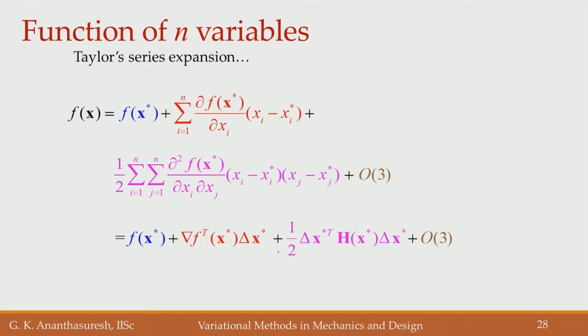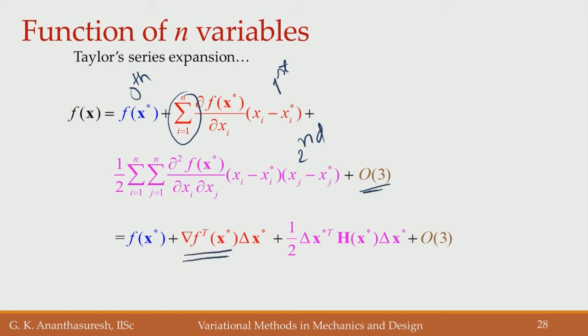Okay. Now, let us jump to n variables, right. Then I can write the Taylor's expansion. We just have the summation now. If you see, this is the zeroth order term and our first order term, and then I have our second order term and then higher order terms, right. It is the same thing now.